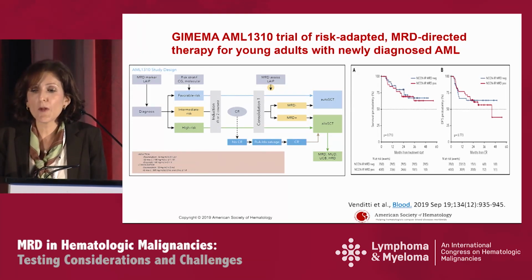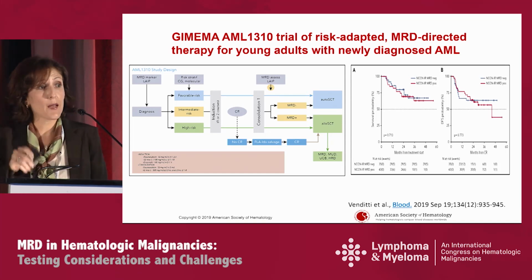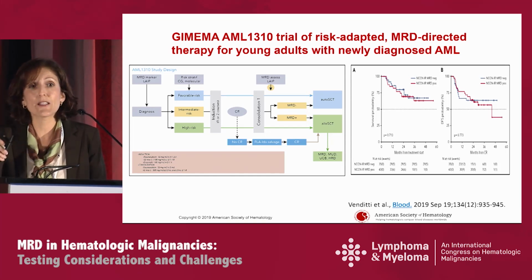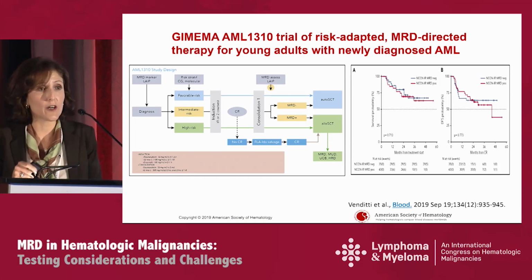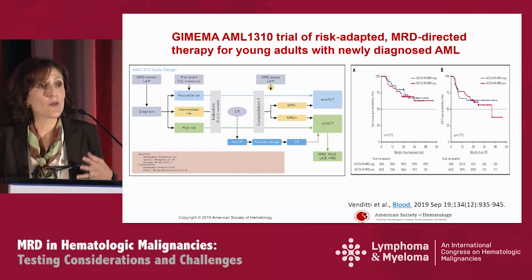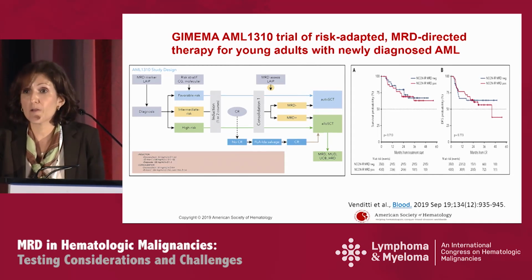And basically what they were able to show is that it kind of looked the same for MRD negative patients by flow. And in parentheses, the Italian group is going way deeper than what we are in the US. They're going to 10 to the minus 3 or 10 to the minus 4 for flow.